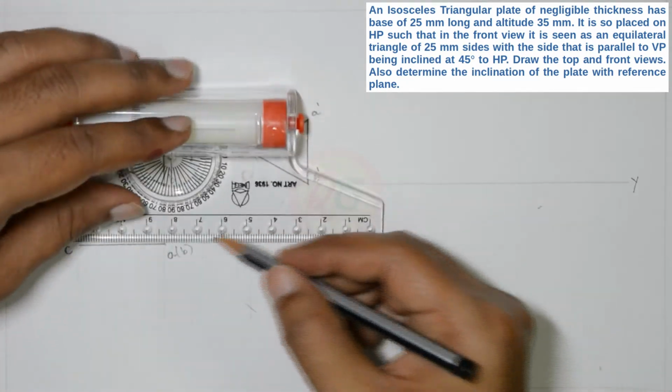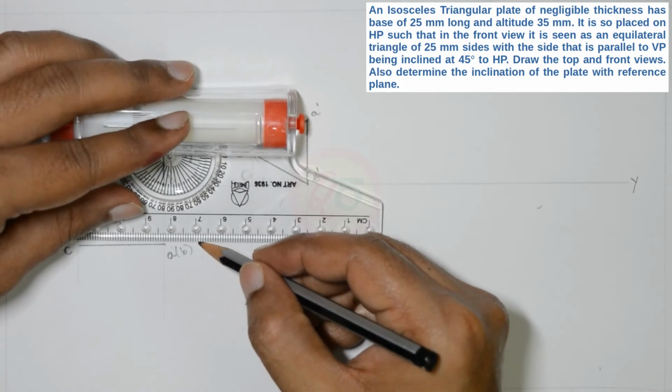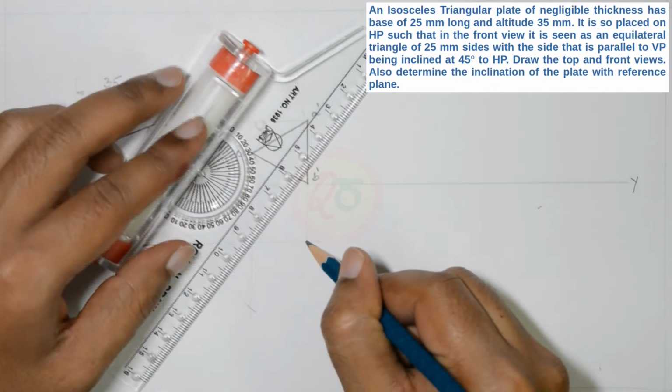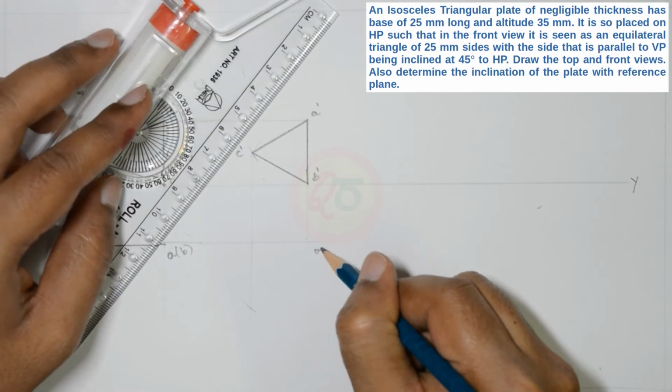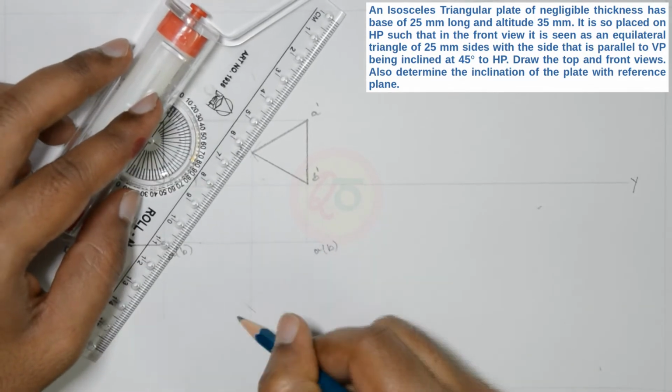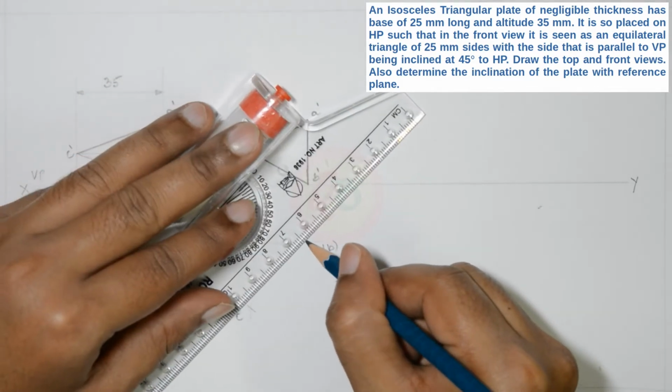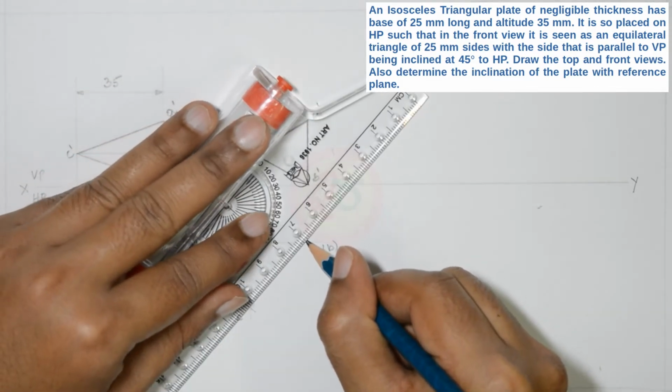Okay. With a 2H pencil. Now connect these 2 points. This point being A comma B and this point being C. Connect these 2 points.